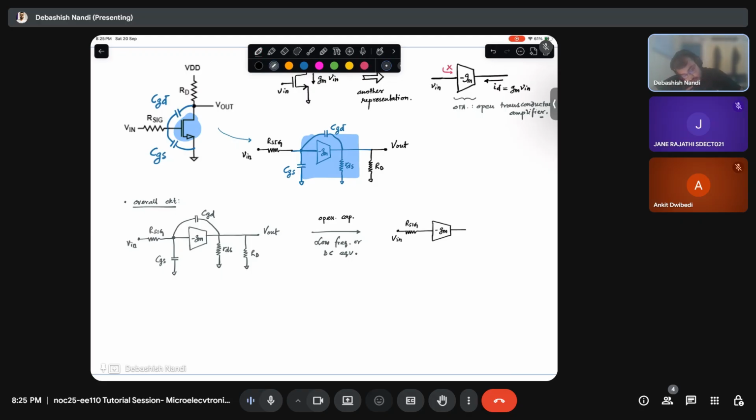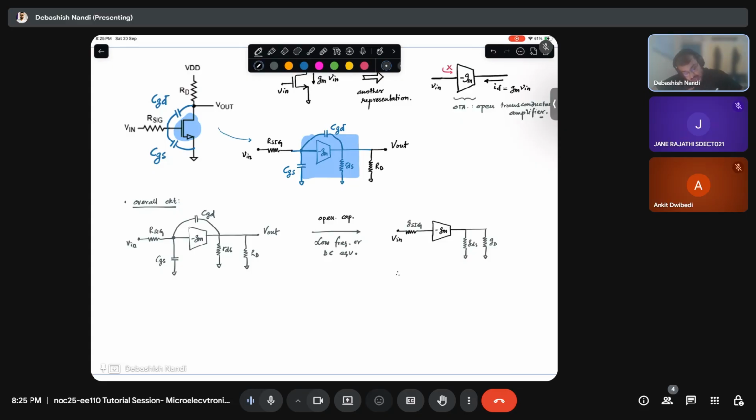Then at the output you have RDS. Let us do it in GDS terms. Let us write RD as GD, the conductance associated with it, 1 by RD. It is just a representation. Let's say this is G signal.